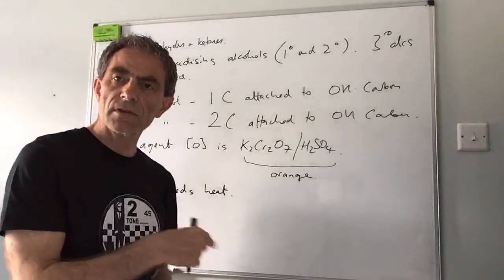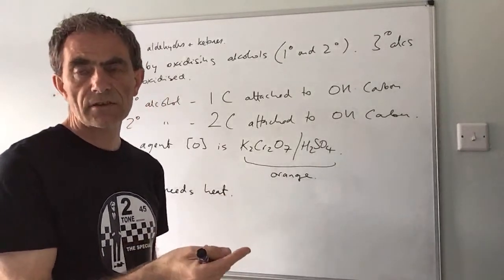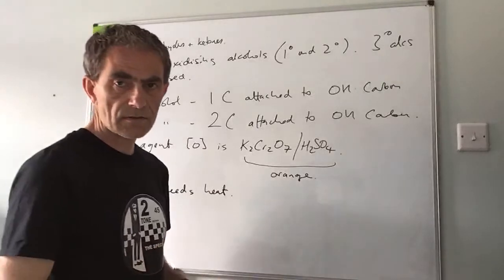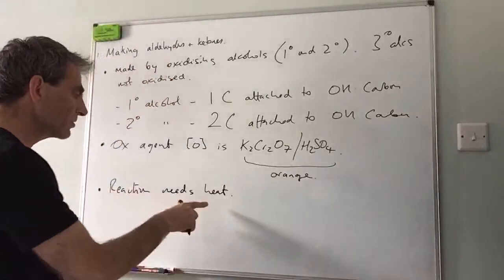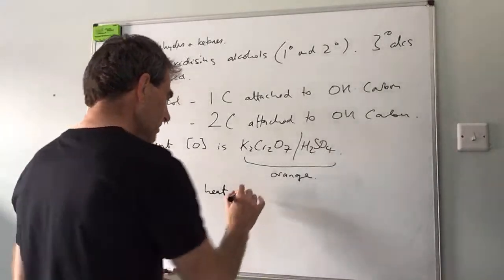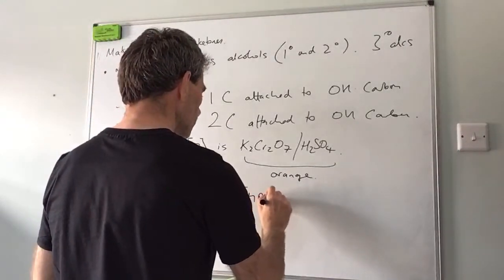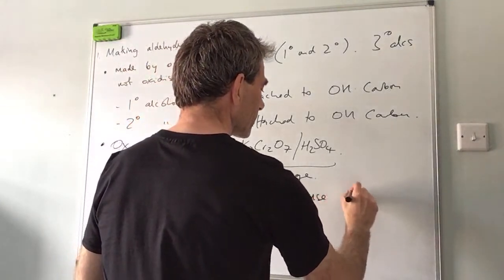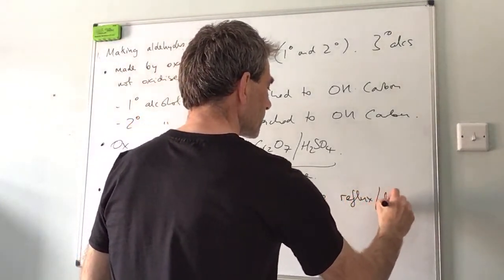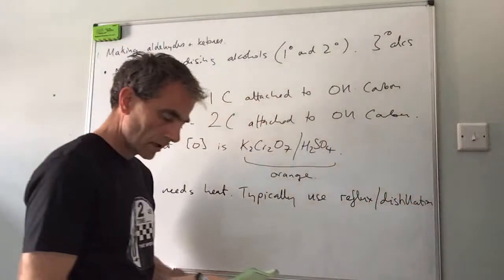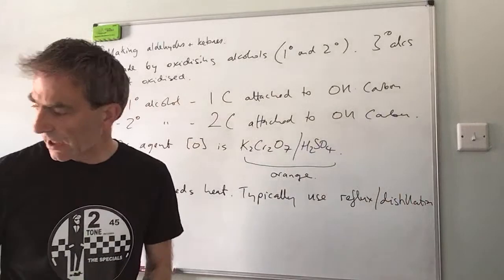But typically you would use reflux or distillation as the heat source, and we'll come on to what happens when you use those different methods. So the reaction needs heat and can be done in a test tube, but typically you would use either reflux or distillation to carry out the reaction.